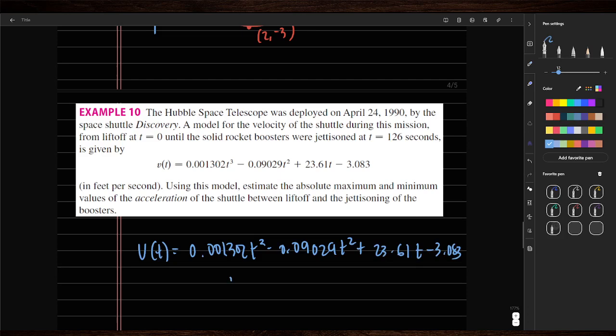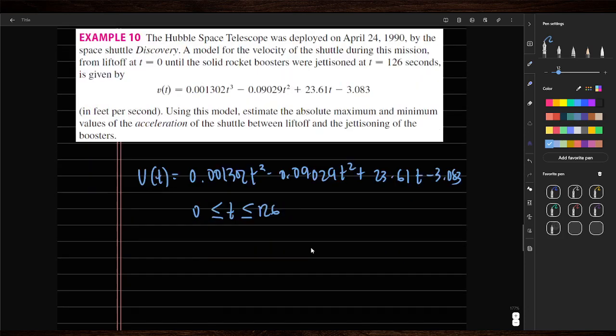We have an interval of t greater than or equal to 0 and less than or equal to 126 seconds. This is in seconds, and your velocity is in feet per second.